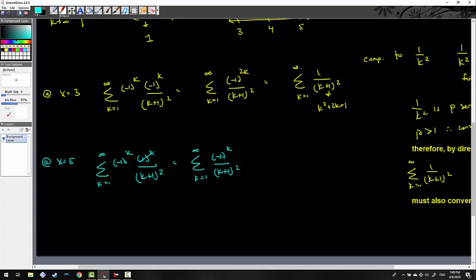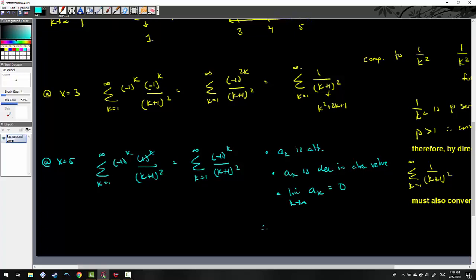This is an alternating series right here. So we can say that a sub k is alternating, a sub k is decreasing in absolute value, and the limit as k goes to infinity of a sub k equals 0.